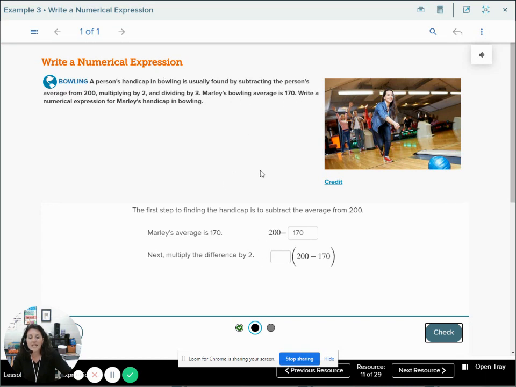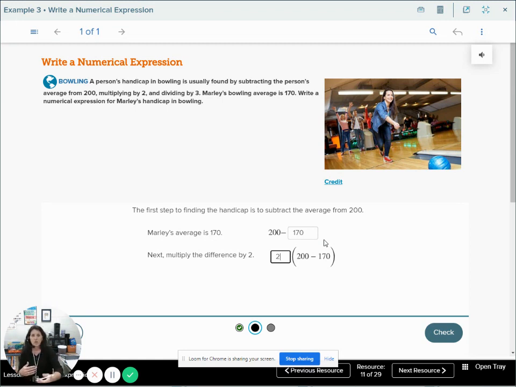Once we find that value, then we multiply it by 2. So it's important to put that in parentheses. You don't want to write out the steps like this is doing. What you want to do is just do it in your head, and you know to go ahead and subtract that first, then multiply by 2.